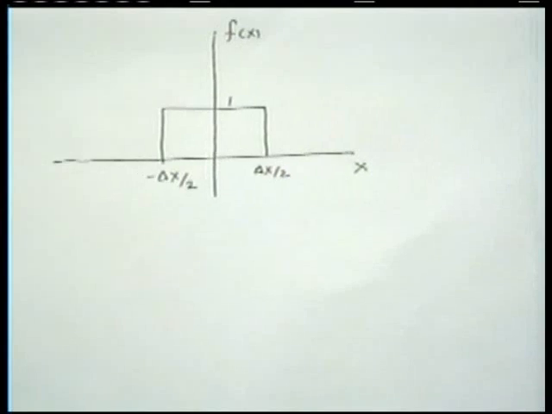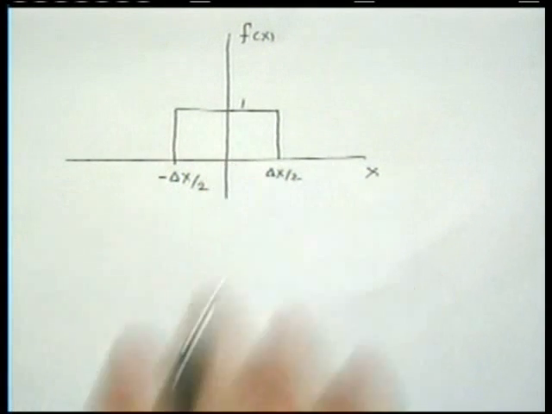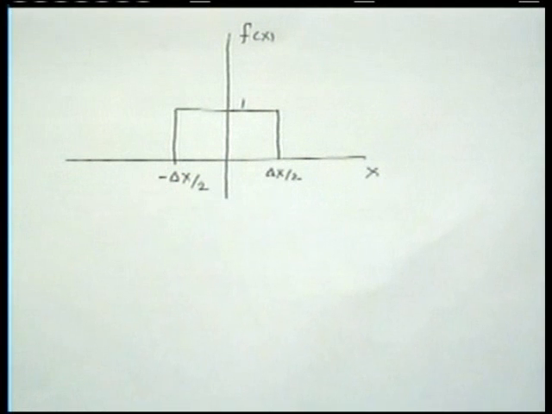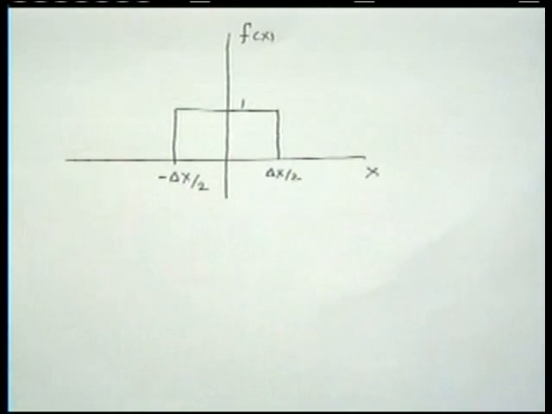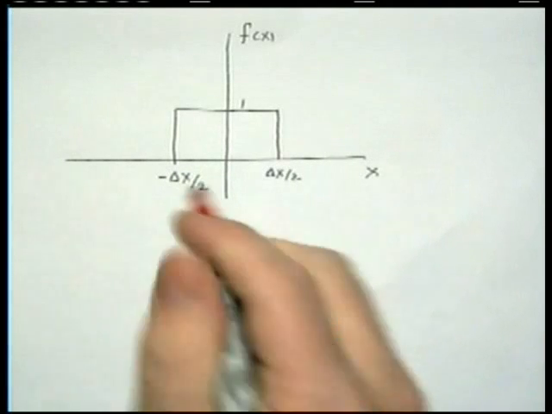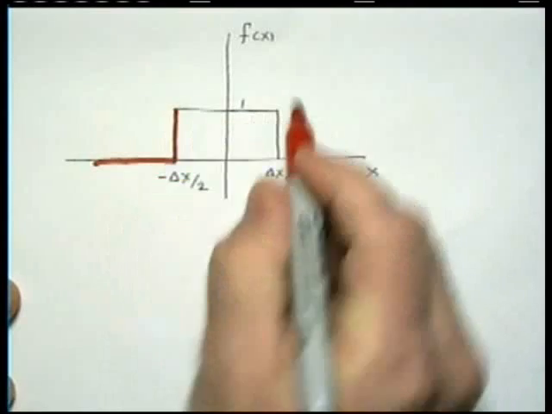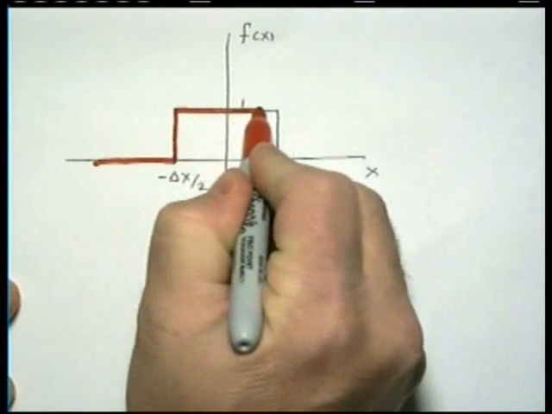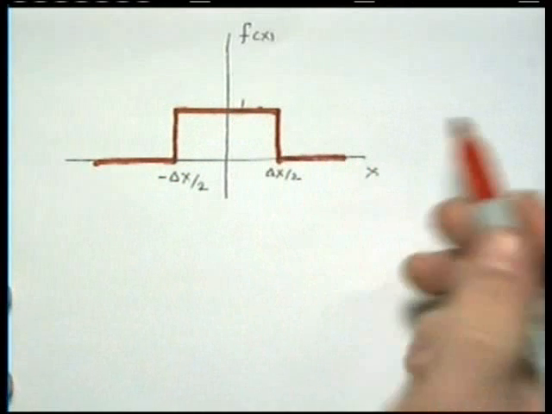That could be a probability distribution function. It could simply represent the location of a particle somewhere in this box, or it could represent a digital pulse, if you're one of the electrical engineers here. So it goes up like that, goes down like that, and goes over.